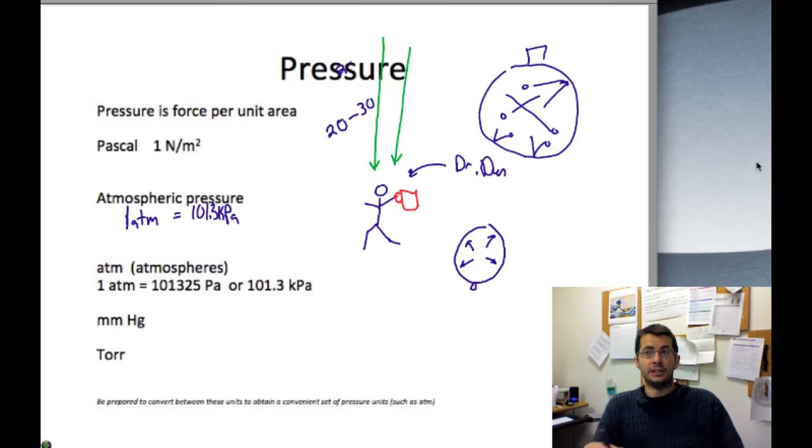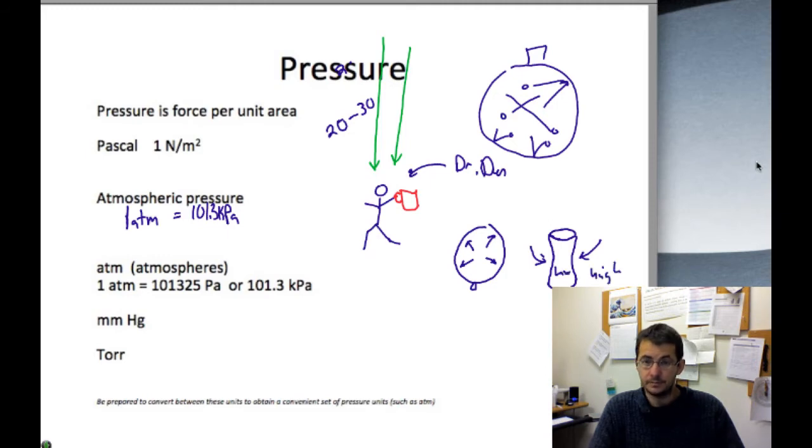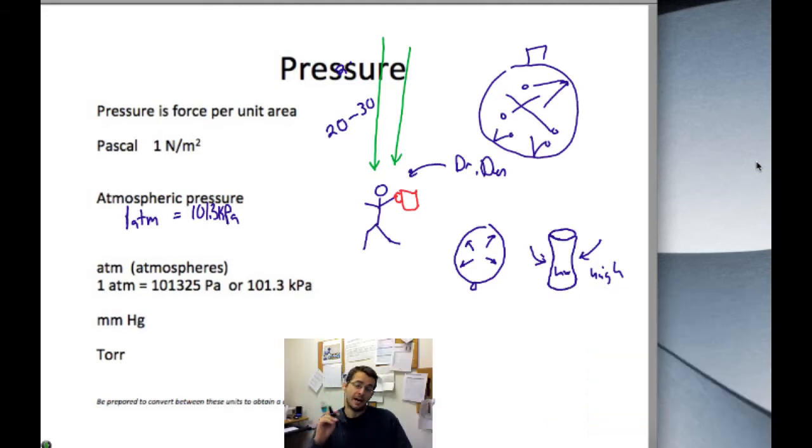And if the weather changes or you move that bottle to an area of higher or lower pressure, you can actually see the bottle deform. Even driving down to a slightly lower elevation, you can actually see the bottle compress due to the pressure of the air pressing in on the lower pressure. So this is an atmosphere.